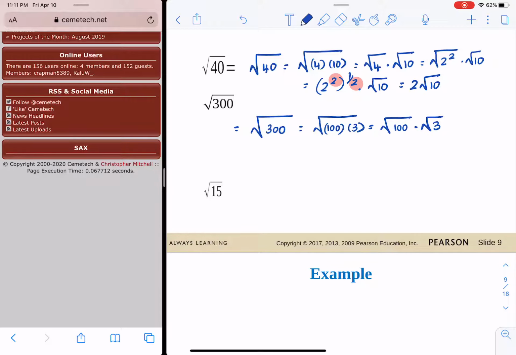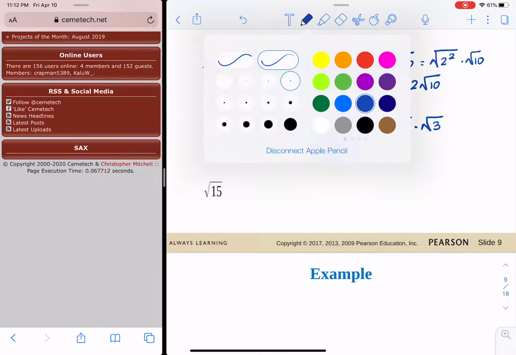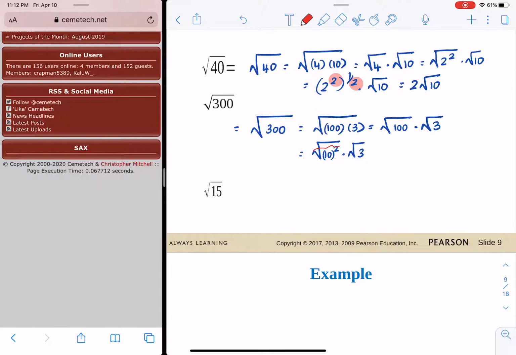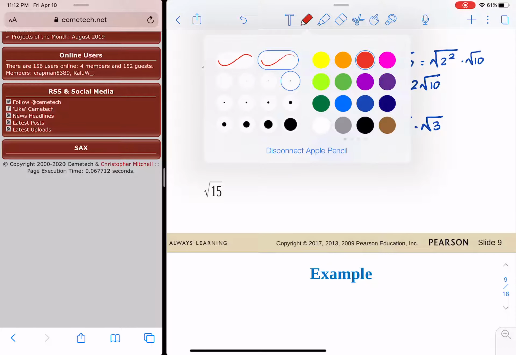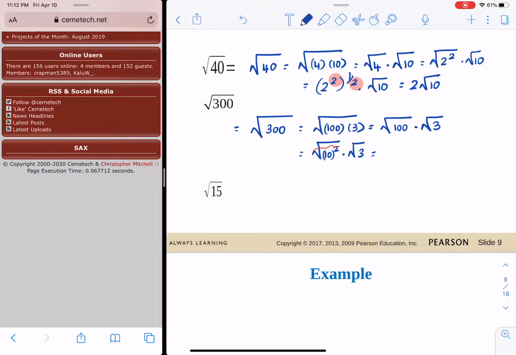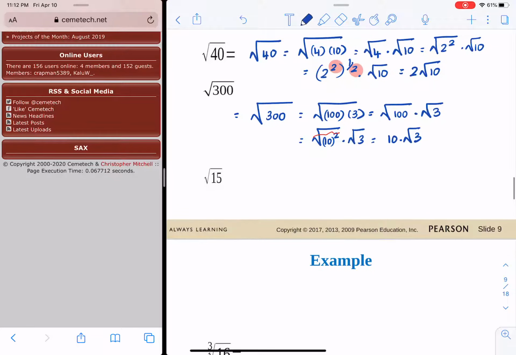One of these terms definitely can be written in terms of a square. 100 is a perfect square of 10, so we have 10 squared times root 3, and recall these two sort of go away. I've given the reasons earlier. So we have 10 times square root of 3.